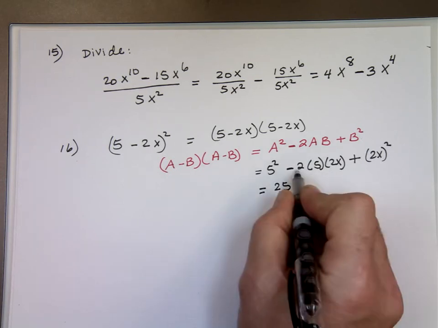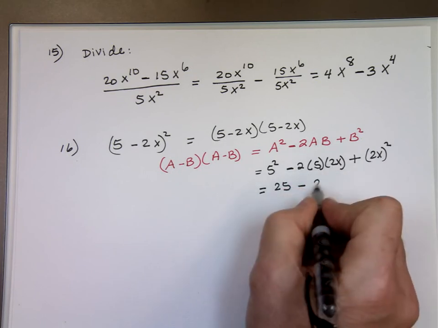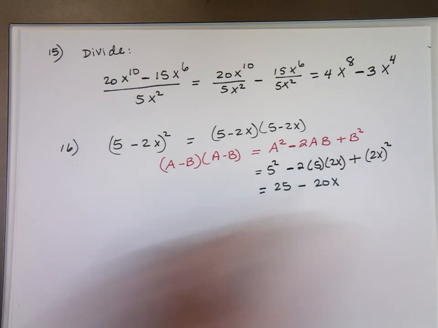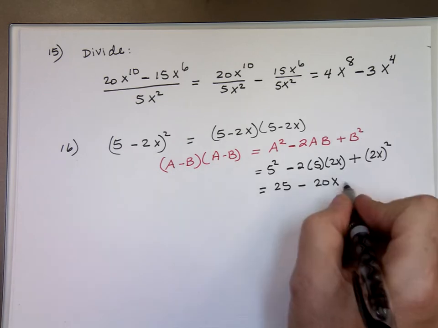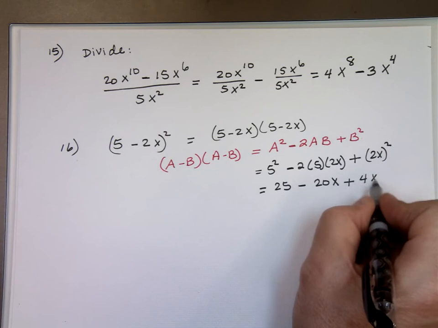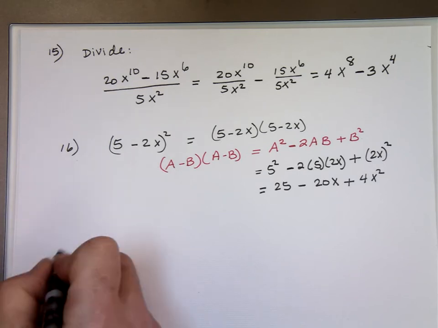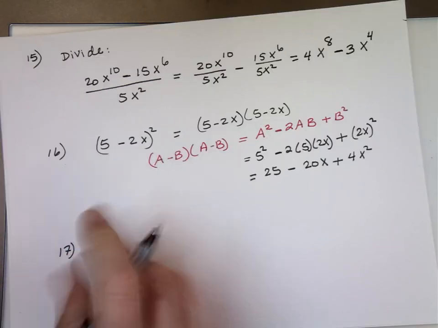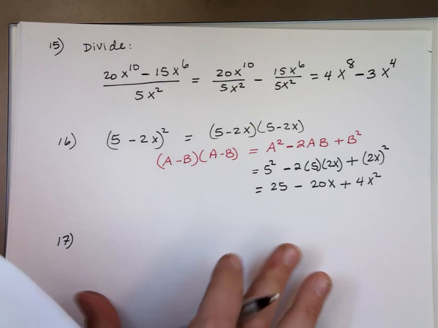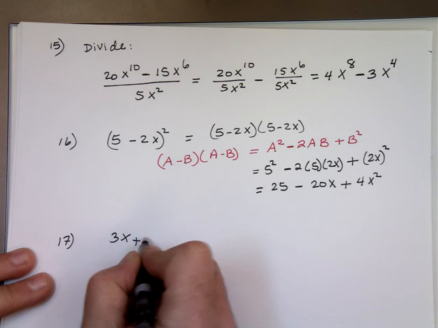That's negative 2 times 5 times 2. That's 20, I think. 2 squared is 4x squared. Again, worst case scenario, you can use the FOIL method.